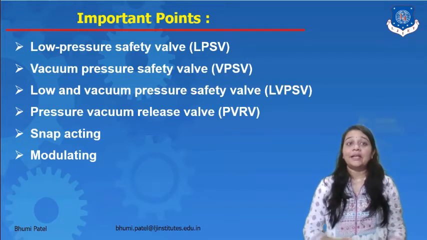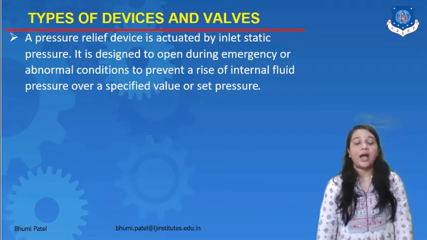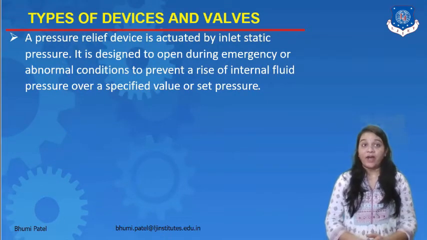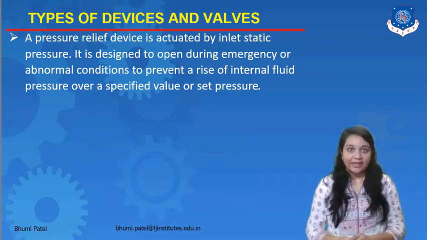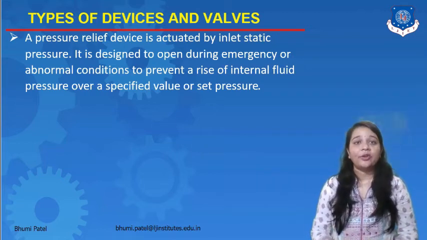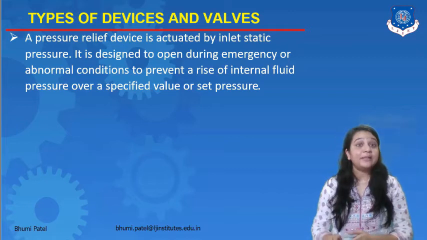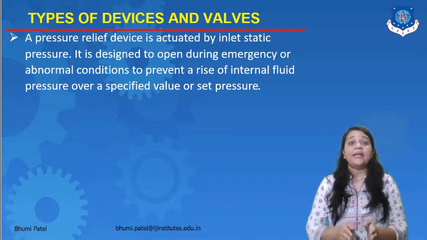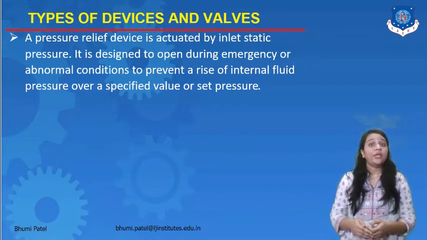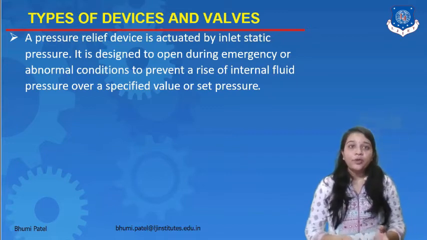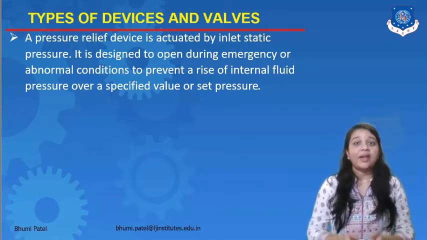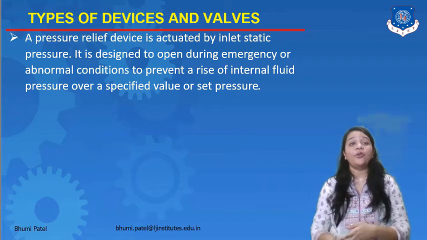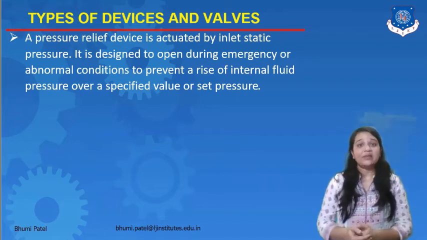Now the next one is the type of devices and valves used in pressure relief. A pressure relief device is actuated by the inlet static pressure. It is designed to open during an emergency or abnormal condition to prevent the rise of the internal fluid pressure over a specific value.